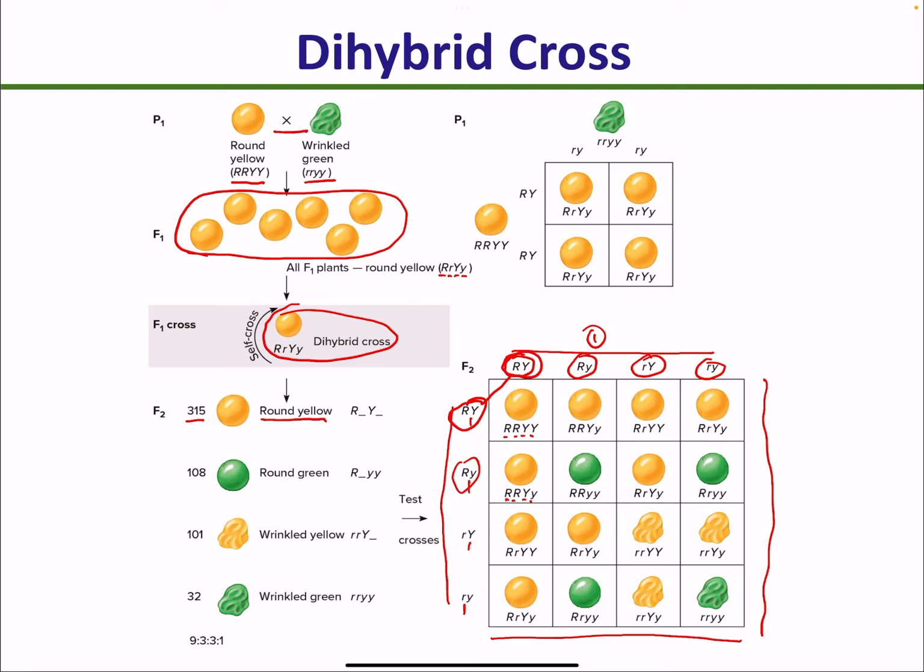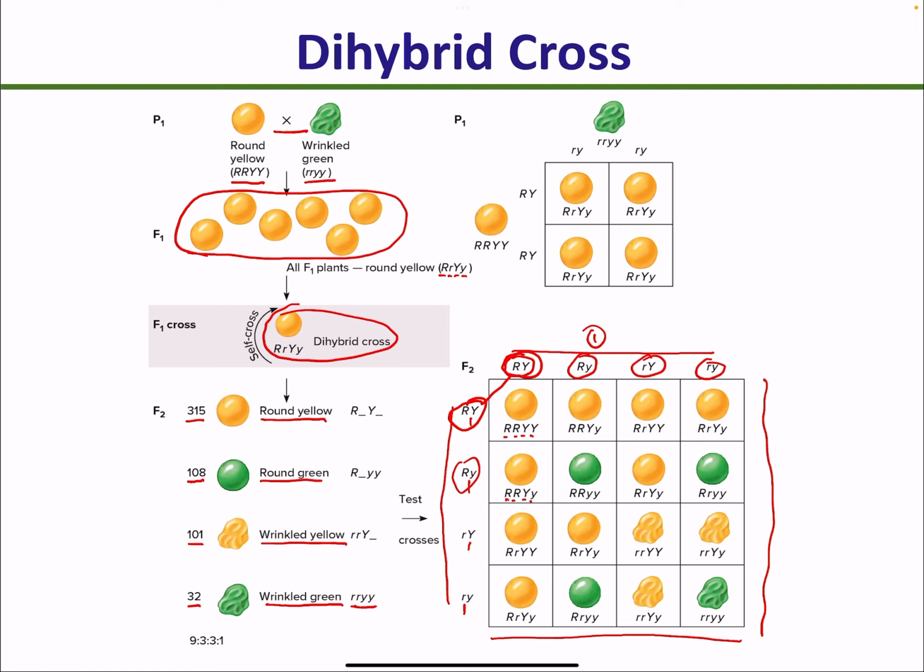We know the phenotype. 108 individuals that were round and green, 101 that were wrinkled and yellow, and 32 that were wrinkled and green. We know that wrinkled is recessive over round, green is recessive over yellow. So the individuals that are wrinkled and green are homozygous recessive, right?